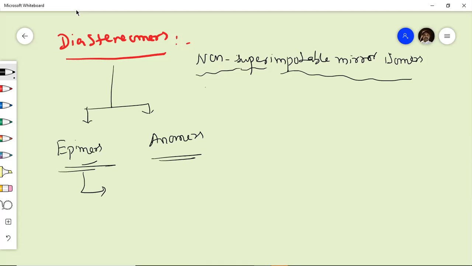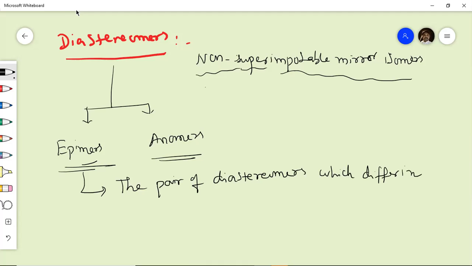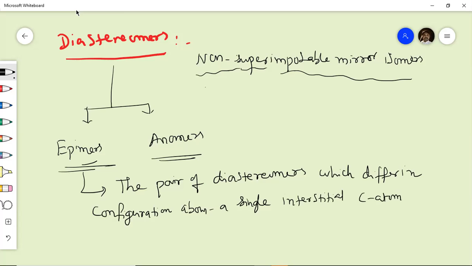Epimers are nothing but a pair of diastereomers which differ in configuration about a single interstitial carbon atom. They are called epimers.